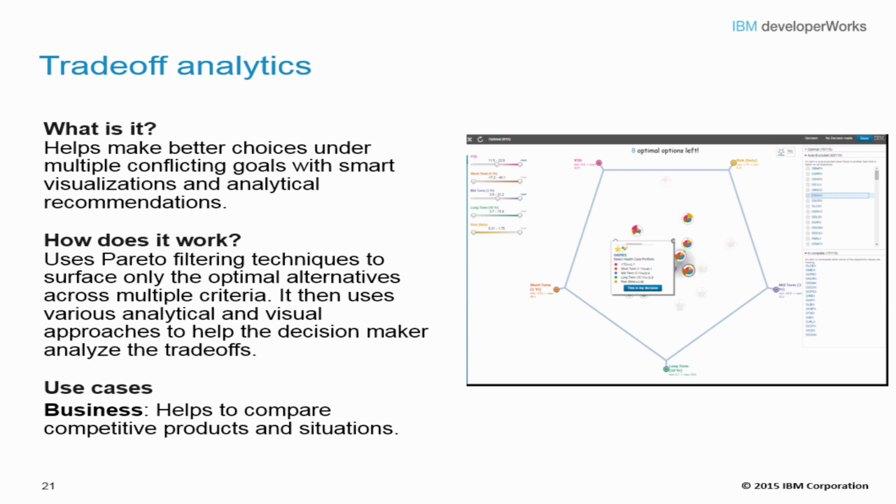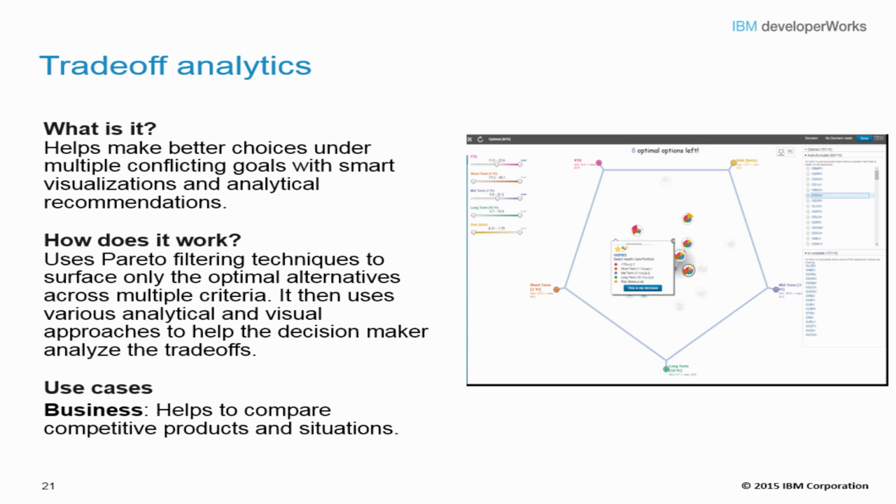Tradeoff analytics service helps to make better choices while taking into account multiple, often conflicting goals that matter when making that choice. Tradeoff analytics can help make complex decisions. For example, what mortgage to take, which stocks to invest in, which laptop to purchase, and so on.